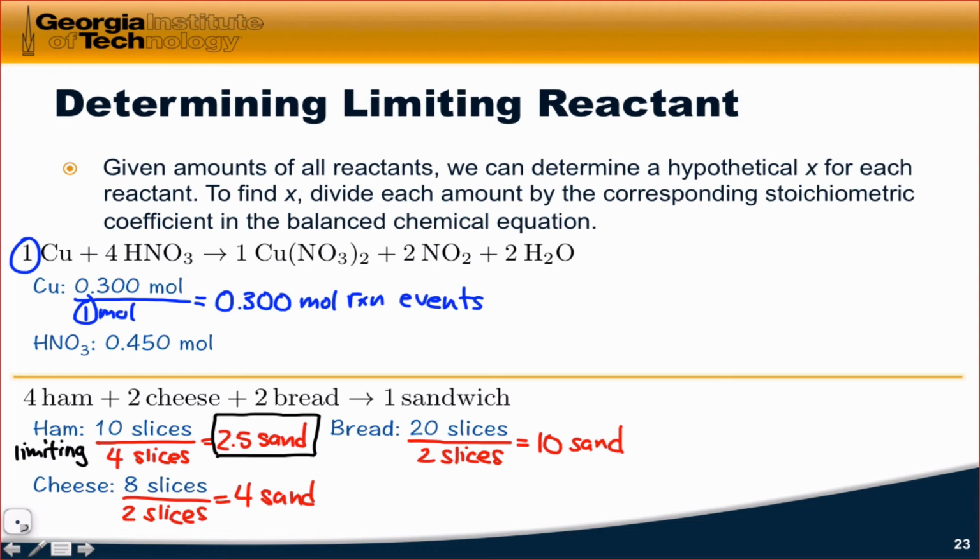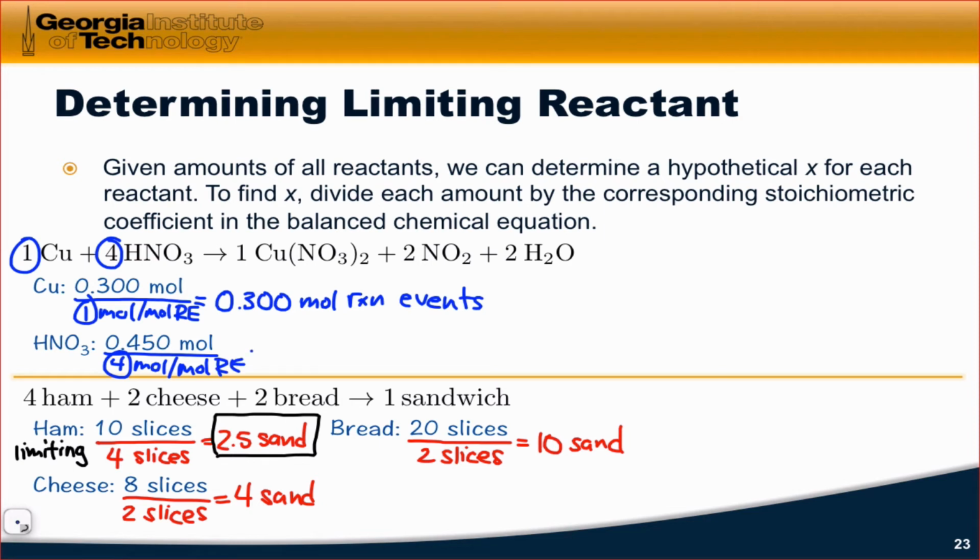For the HNO3, well, it takes 4 moles of HNO3 to engage in a single mole of reaction events. And so we need to divide this by 4 moles. And this 4 matches the stoichiometric coefficient here. Really, the units in the denominator here are moles per mole of reaction events. We can think of these stoichiometric coefficients as molar ratios or mole-mole ratios in their own right.